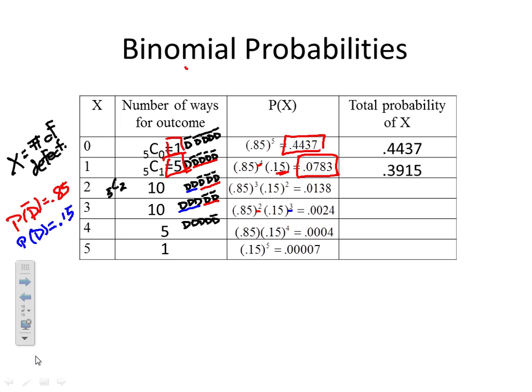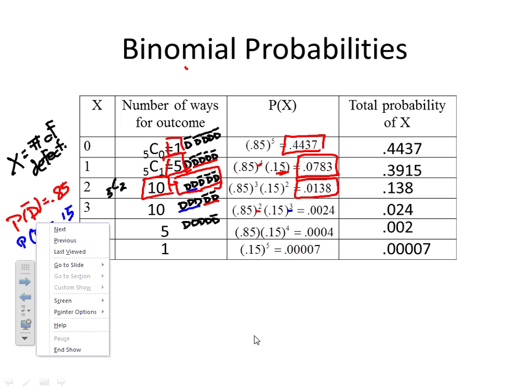So the probability that we get one defective scooter is 0.3915. The next one, 10 times 0.0138. There are 10 ways to get that combination, 10 times 0.0138, so on and so forth.